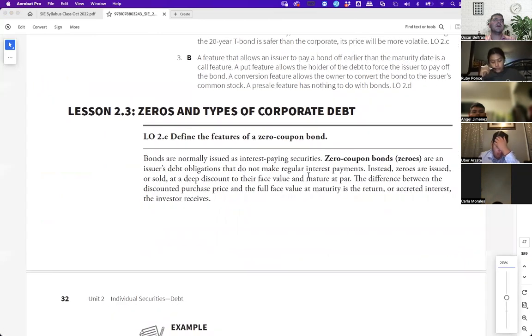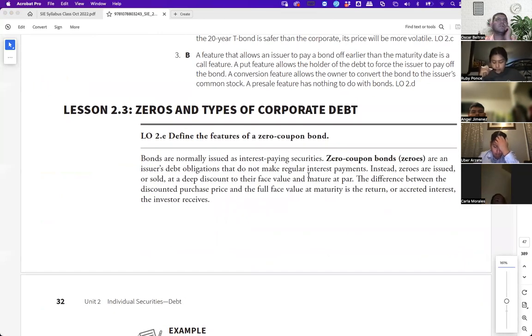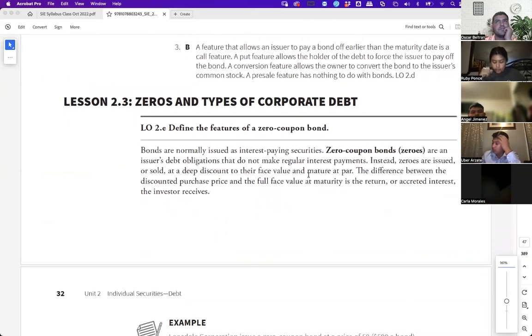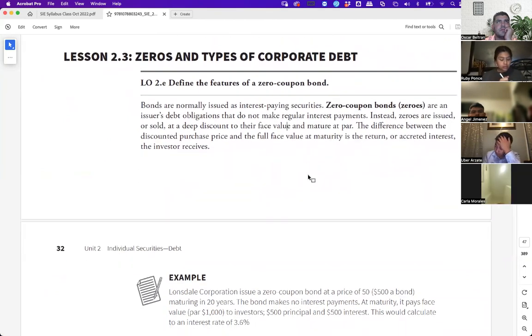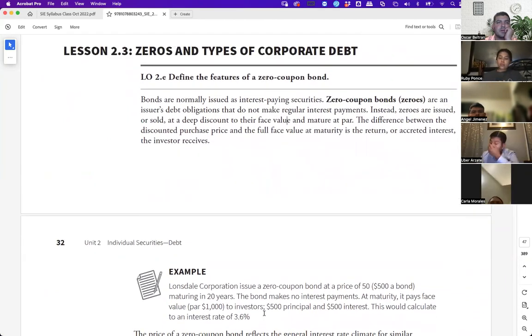All right, so here we're talking about zeros and types of corporate debt. So right here, let's get my pen. Zero coupon bonds are an issuer's debt obligation that do not make regular interest payments. Instead, zeros are issued or sold at a deep discount to their face value and mature at par.